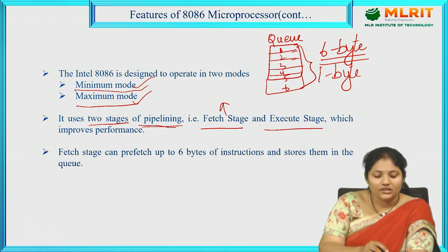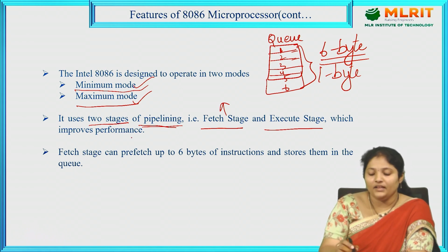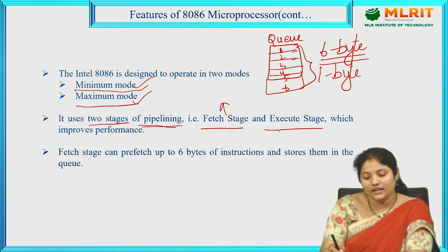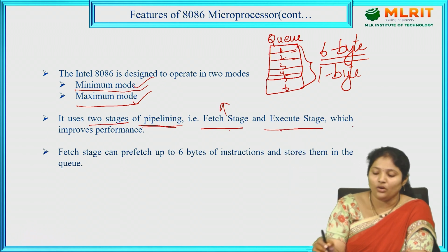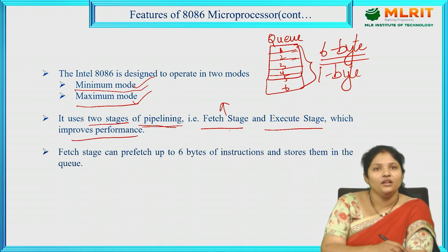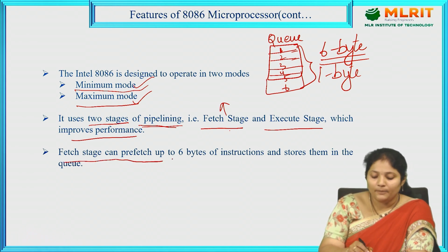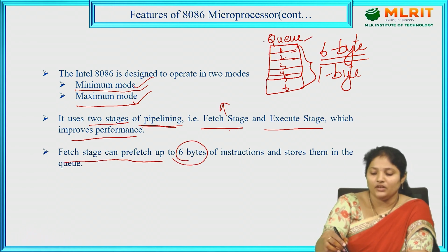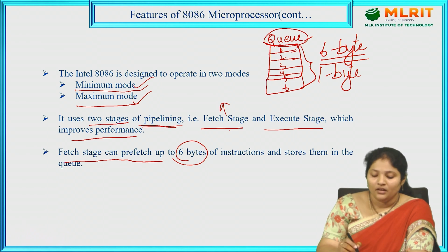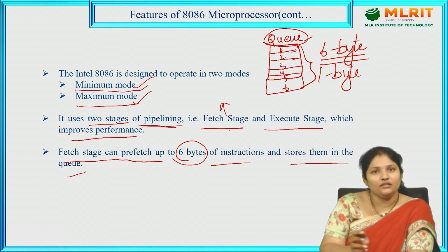So 8086 uses 2 stages of pipelining, to fetch the instruction and then execute it, which improves the overall performance of 8086. The fetch stage can prefetch up to 6 bytes of instructions and store them in the queue.